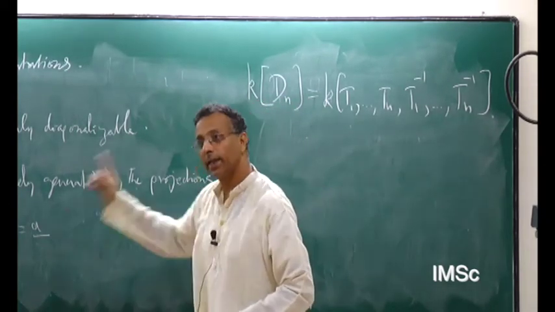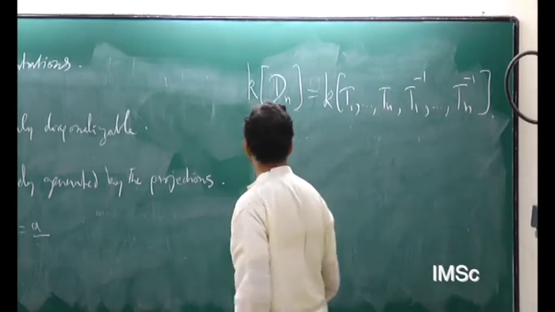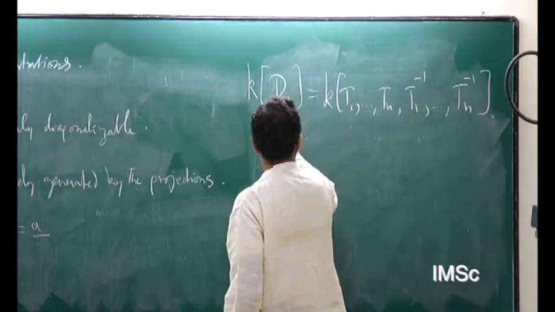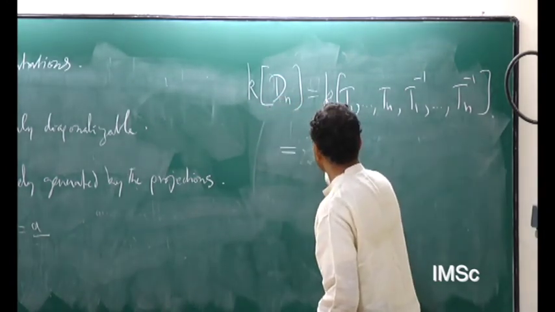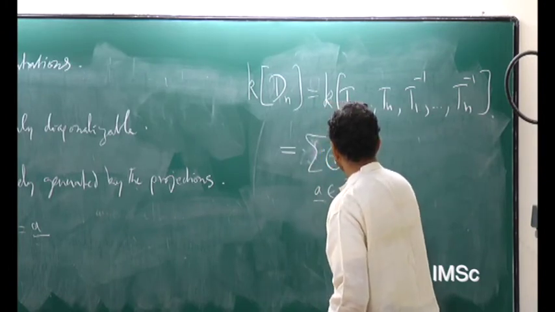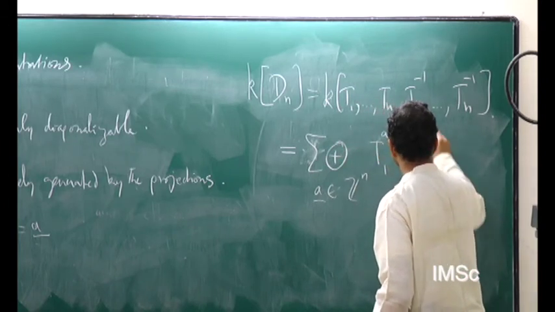I have used small t there, capital T here, so don't mind; the capital T and small t are the same. So this is equal to the direct sum over a in Z^n of t1^a1 ... tn^an.